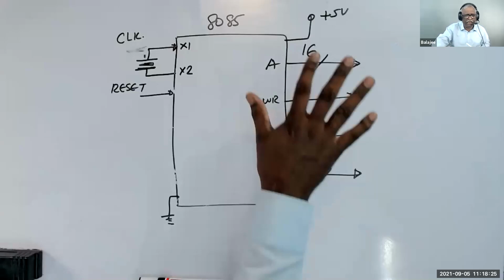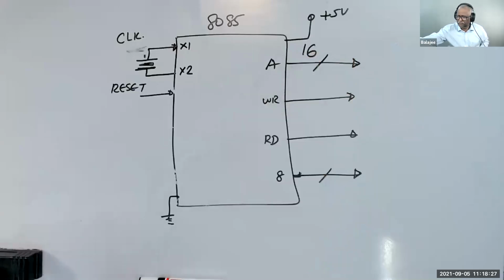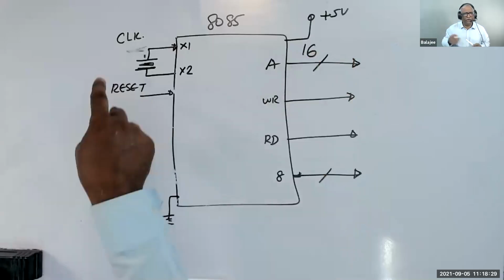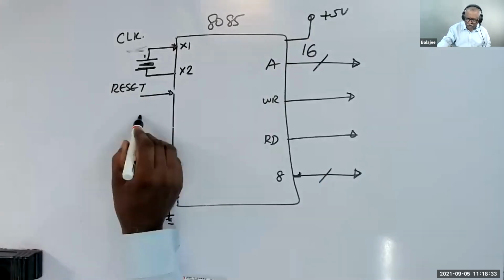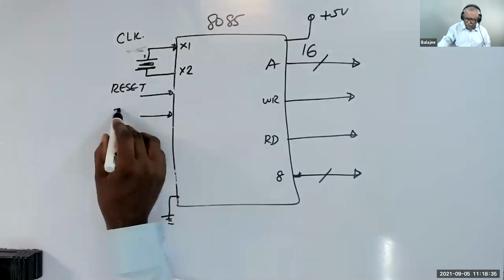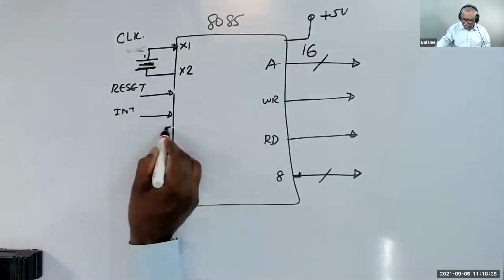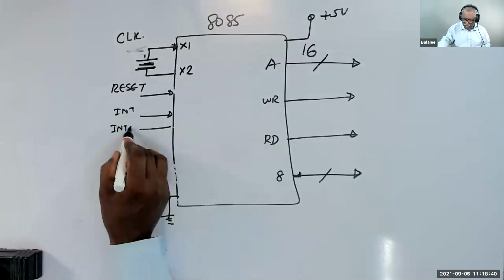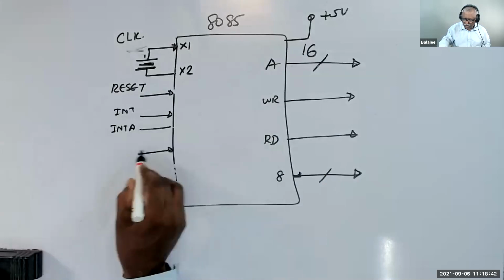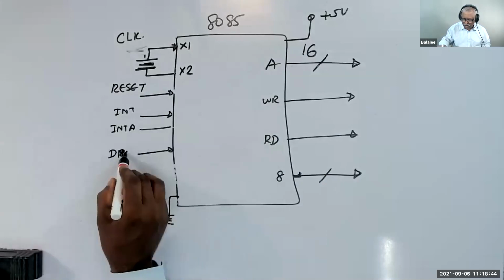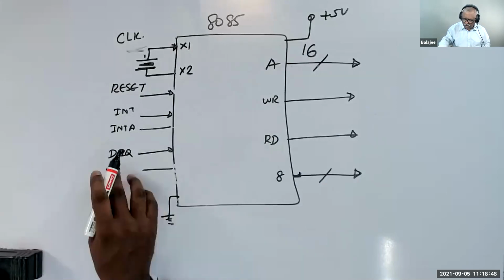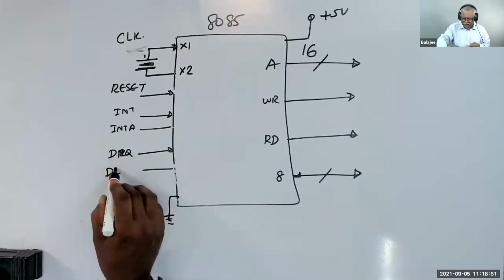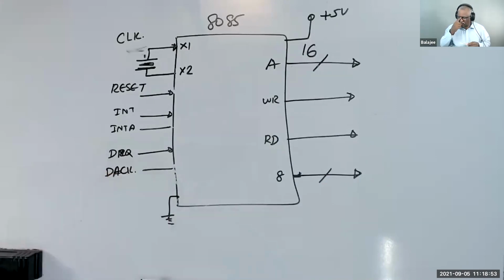They have clock, reset, plus 5 volt, interrupt and interrupt acknowledgement, and DMA acknowledgement. I'll tell you about this. So the 8085 also has all of this.